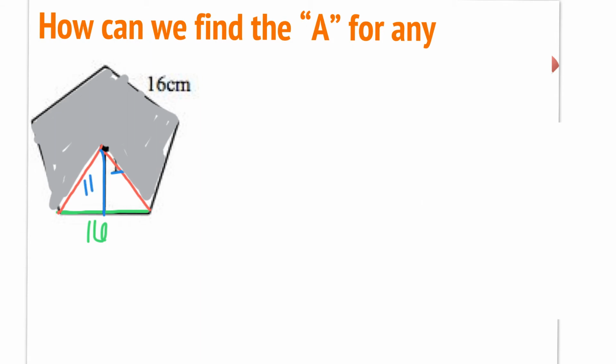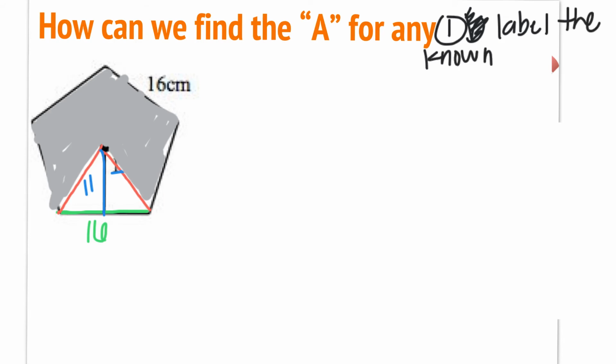So the first thing I did, before I even started anything else, just to write the steps over here, was label the known info. In this case, for example, I knew that my apothem was 11 and my base was 16. I don't actually know what the radius is, but that's okay, we don't need it for now.